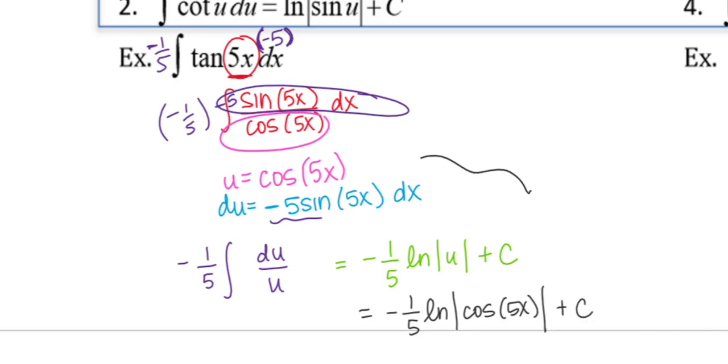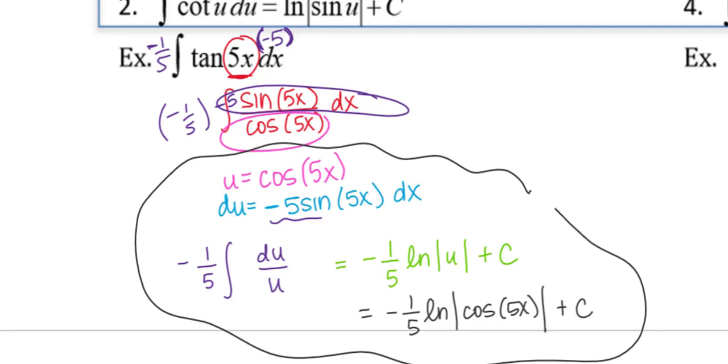Now, do you have to go through all of this part? No, not really, because you could have said, ooh, I know the antiderivative of tangent of a function would be natural log of secant of that function, but you do have to account for u substitution.